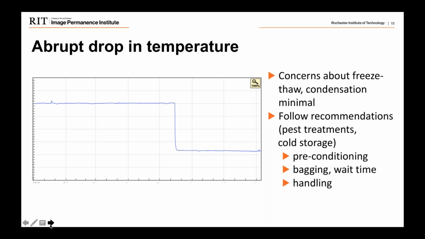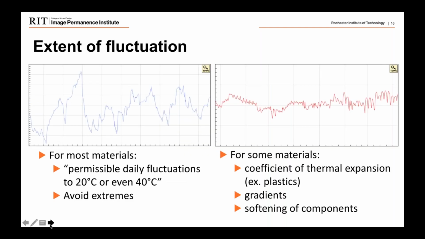And when we follow the procedures outlined for either low temperature pest treatments or for implementing cold storage, using bagging and the appropriate wait times and preconditioning, we're able to avoid those risks. So usually the drop in temperature is not a cause for concern, certainly not as much as that rise in temperature.